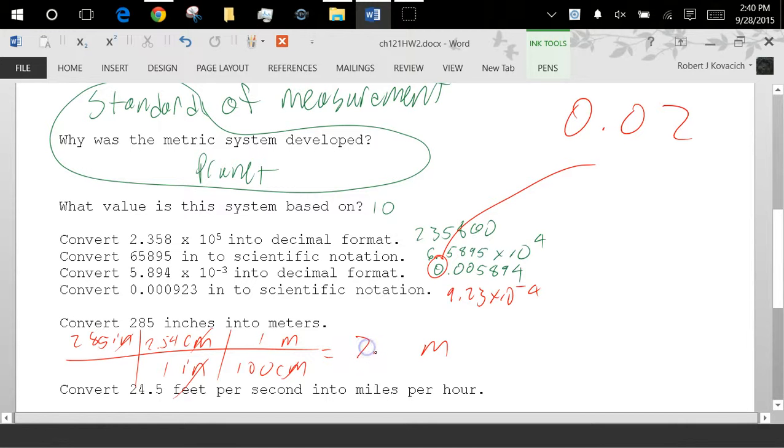But then you have to do the significant figures. The answer was 7.239, but how many sig figs did I get to start with? 3. That 2, 8, and 5 is 3, so my answer can only have 3 in it. So I go 7.23, but there's a 9, so that rounds up to a 4, 7.24.